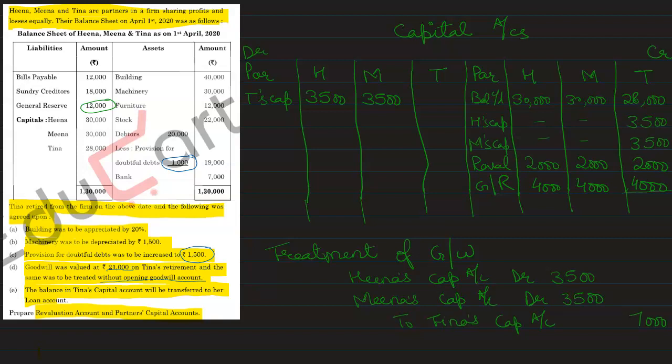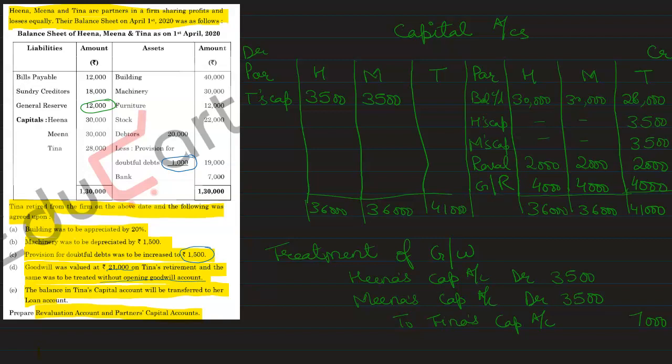Now let us total. So this is 36,000. This is also 36,000. This is 28 plus 7, 35, plus 6, 41,000. So the total is 36,000, 36,000 and 41,000.